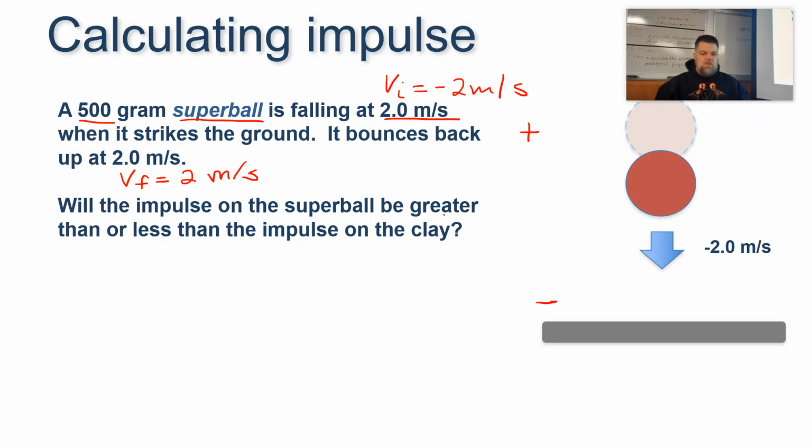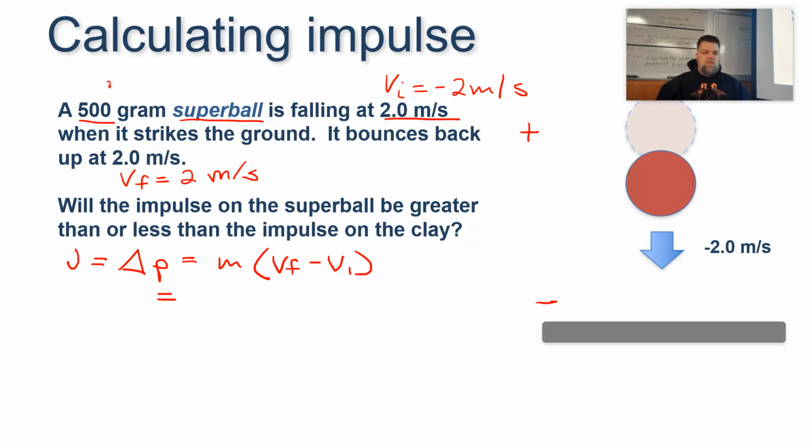Will the impulse of the super ball be greater or less than the impulse of the clay? Well, let's see. Impulse is the change in momentum, which is equal to the mass times the final velocity minus the initial velocity.